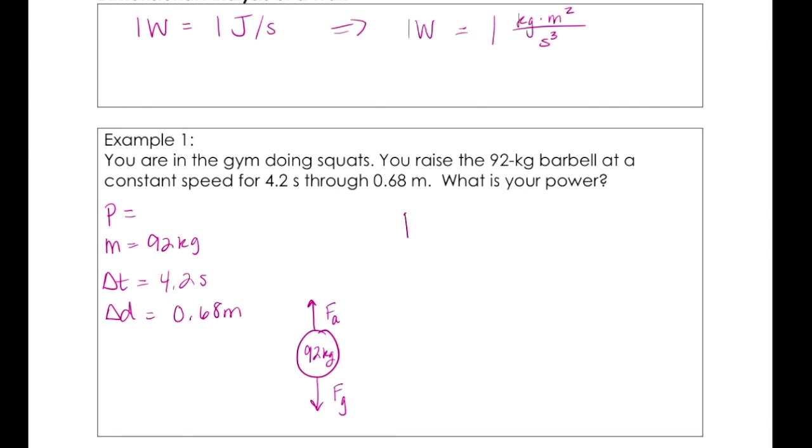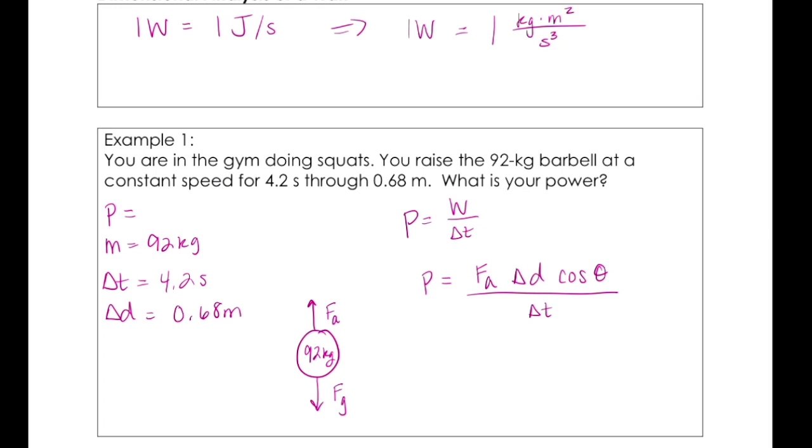Okay, so power equals work divided by delta T. Okay, plug in the equation for work. So power equals F of A times delta D times cosine of theta divided by our change in time.